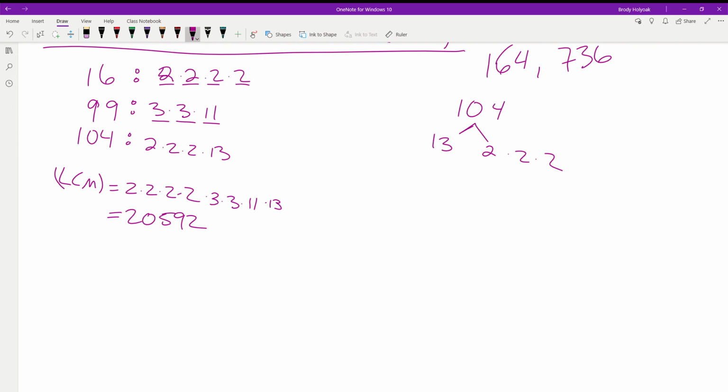So a big number, but it's a whole number. We take the 20592, we divide that by 99, we get 208. We take the 20592, we divide that by 104, we get 198. So this is the smallest number that all 3 of these values will go into.